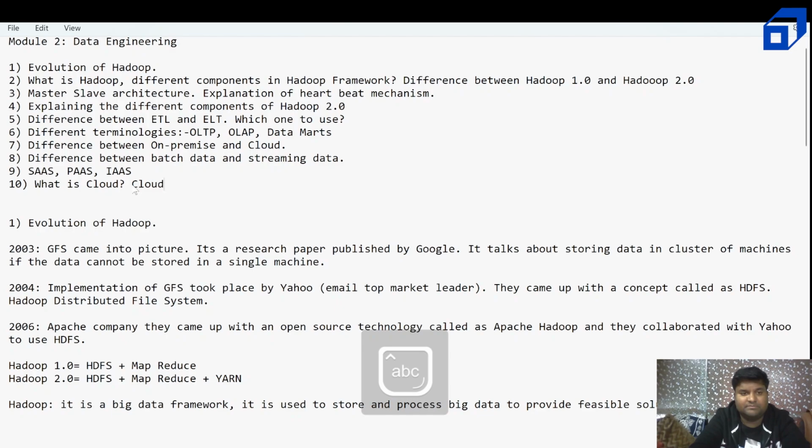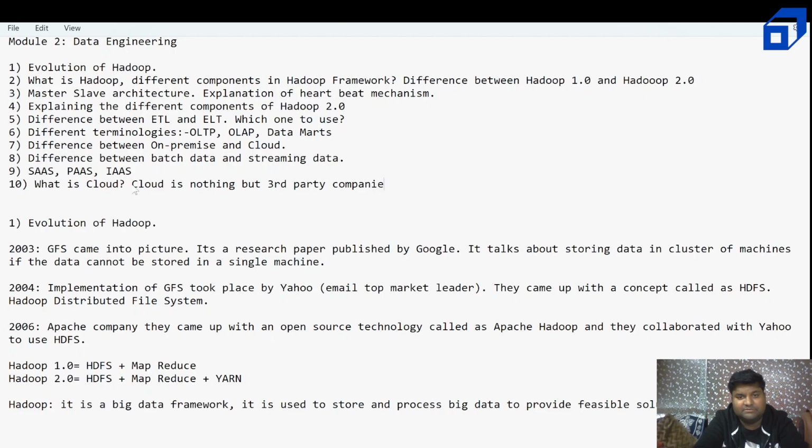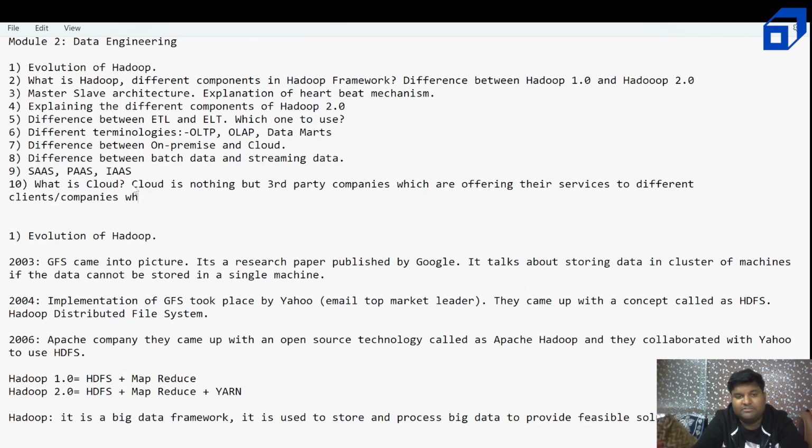Cloud is nothing but third-party companies which are offering their services to different clients or companies, which they can use based upon their requirement.